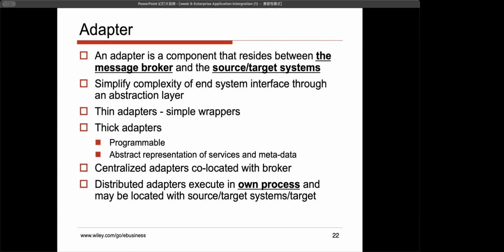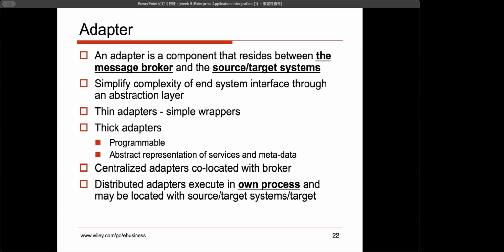Okay. We have adapters in the network. An adapter is a component that resides between the message broker and source or target systems. It simplifies the complexity of end system interfaces through an abstraction layer. Thin adapters are simple wrappers.